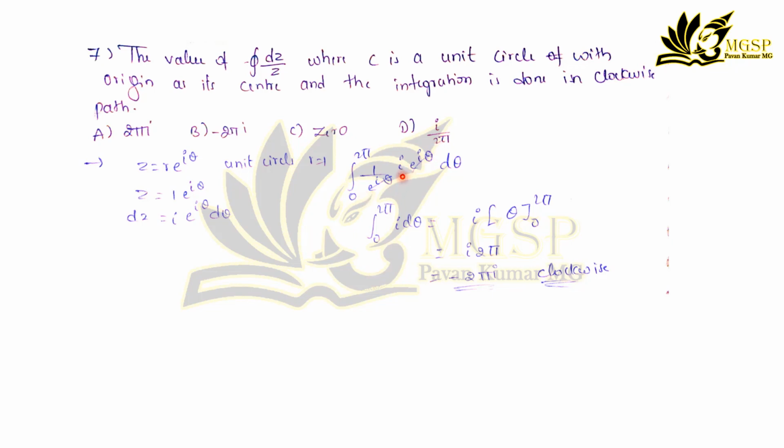The remaining is i d theta. The integration of i d theta gives i theta from 0 to 2 pi, so it is i into minus 2 pi. Minus 2 pi is taken because it is going in the clockwise direction. When it is in the anti-clockwise direction, this will be positive. So the correct option is B.